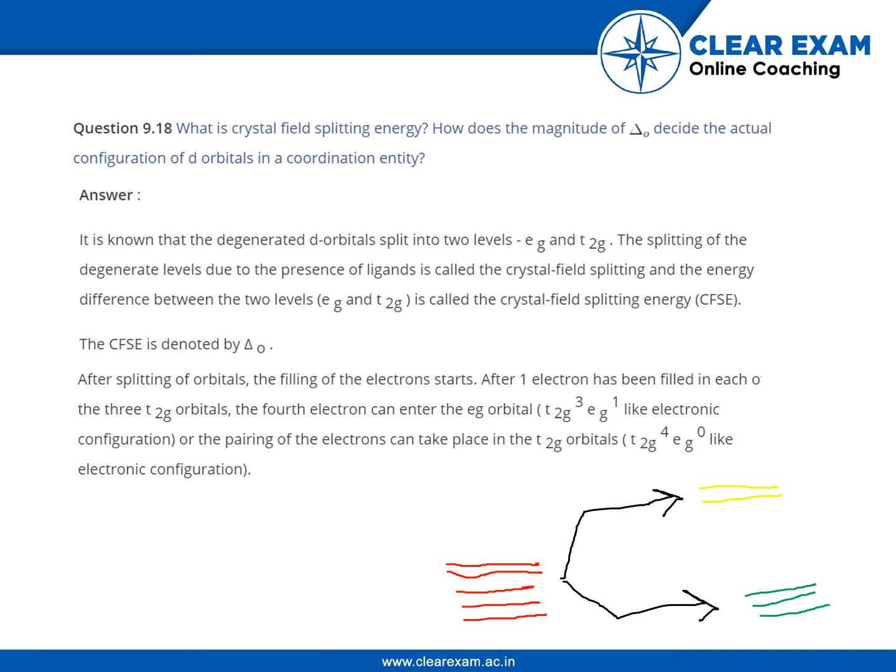Now this is Eg, this is T2g. These are the d orbitals.